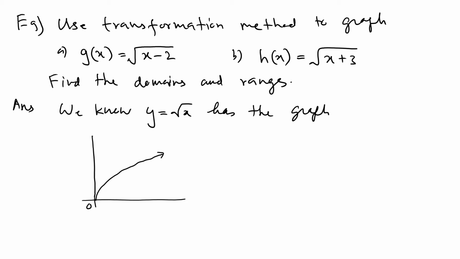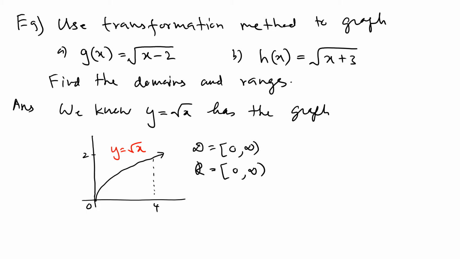You can start with 0, and then if you need a value, for example at 4, the square root is 2. So that's the graph of the square root function, y equals square root of x. The domain of this function is 0 to infinity, and the range is also 0 to infinity, including 0.